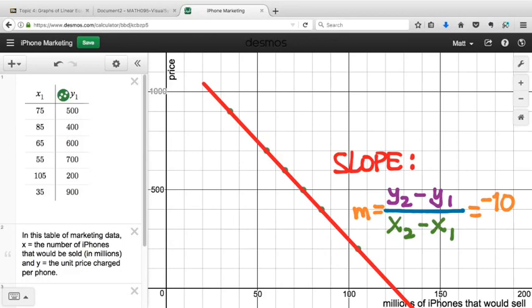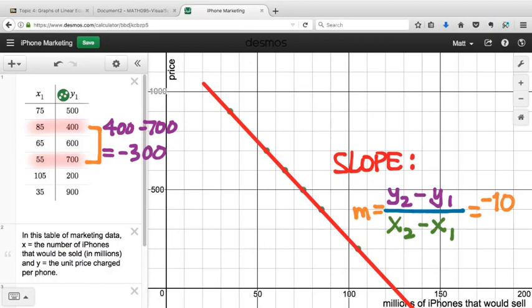Where would that -10 have come from? Well, again, pick any 2 points from our list. Let's say maybe I picked these two, just for the sake of argument. And then just subtract. Let's say we do 400 minus 700. There's the differences in the y's. Let me color code those according to how I have them in the equation. 400 minus 700, that's -300.